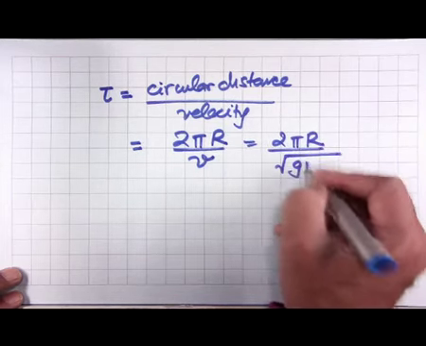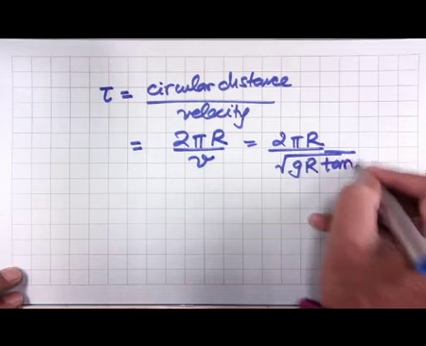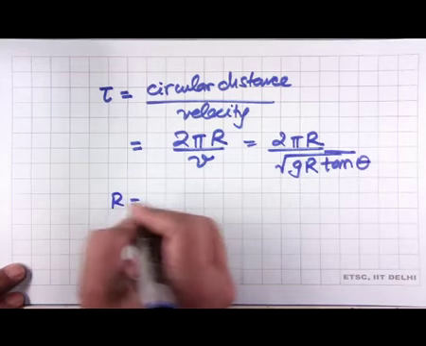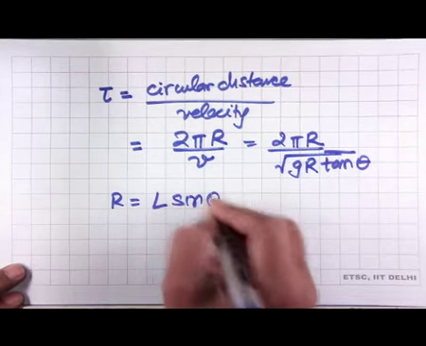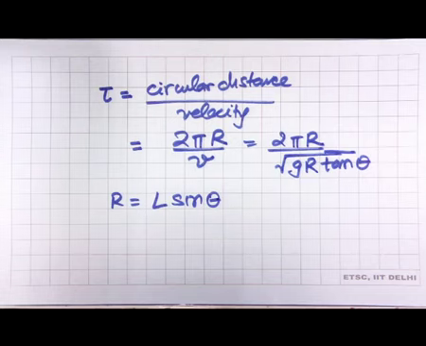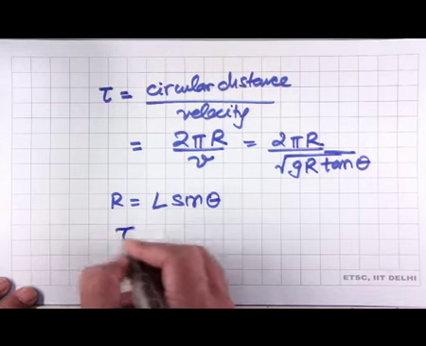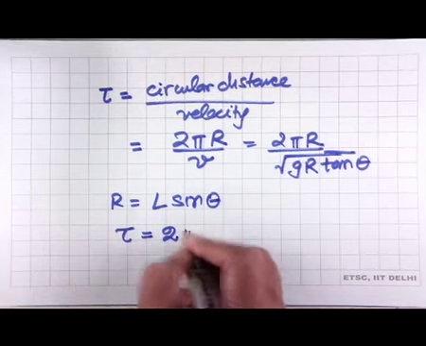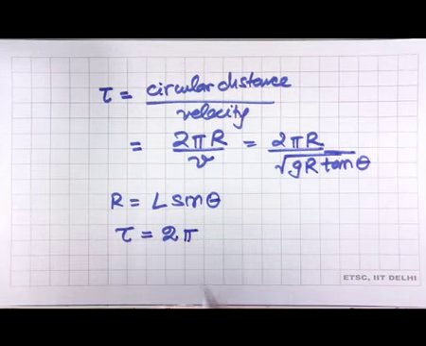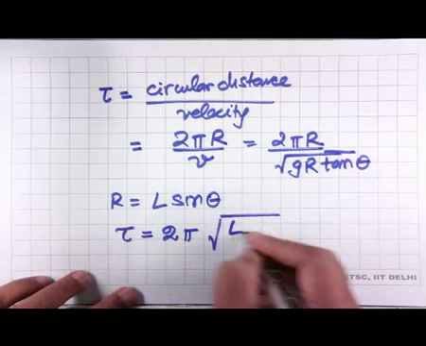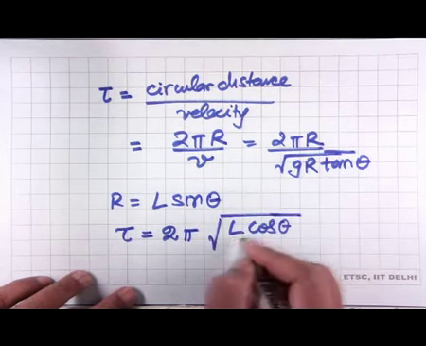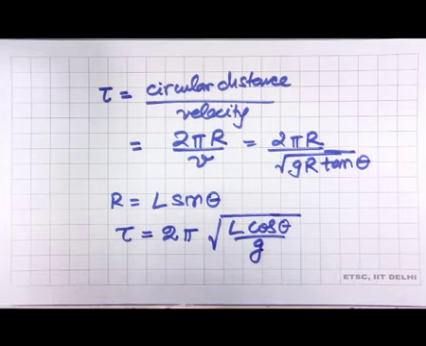V was root of g r times tangent theta, and when we put r equal to L sin theta, what we get is that the time period will be equal to 2 pi times root of L cos theta upon g.